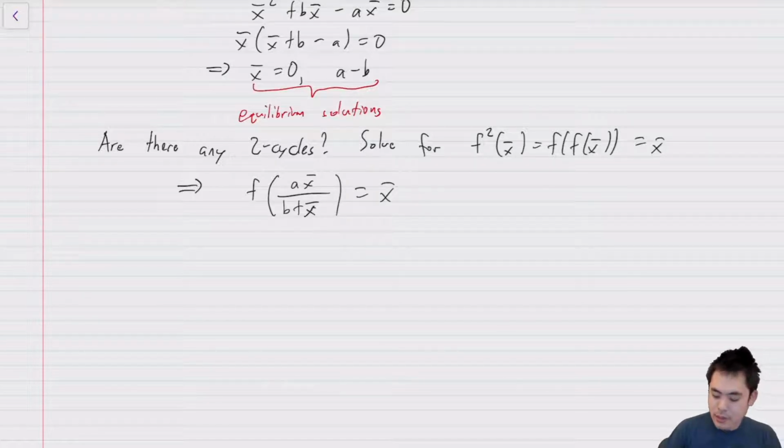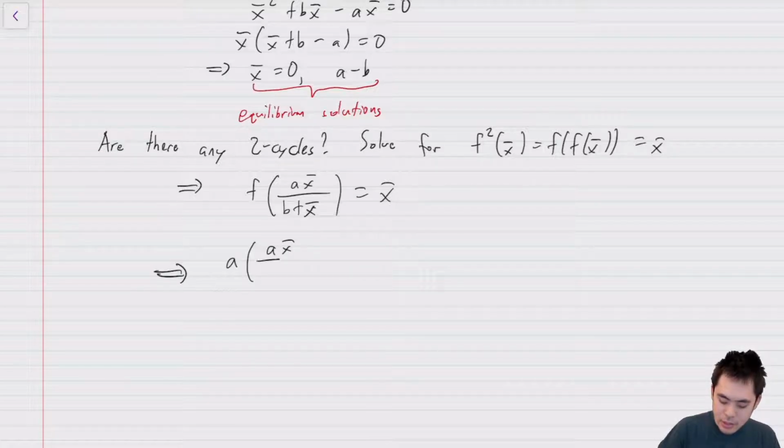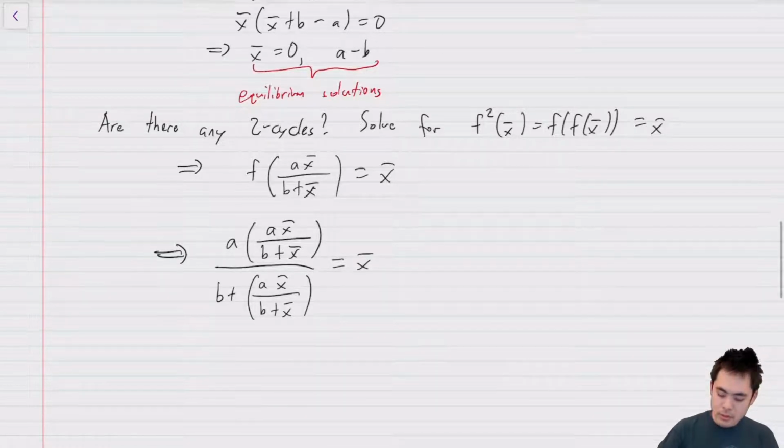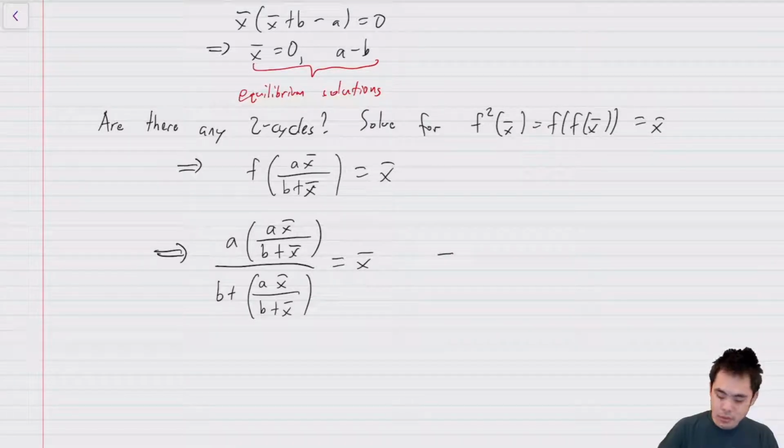You plug in that entire value for x bar in your function f again, and that ends up giving you that a times a x bar over b plus x bar, over b plus a x bar over b plus x bar, is equal to x bar. Let me go ahead and just write it here to save a little bit of space.